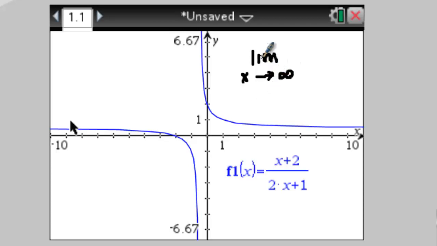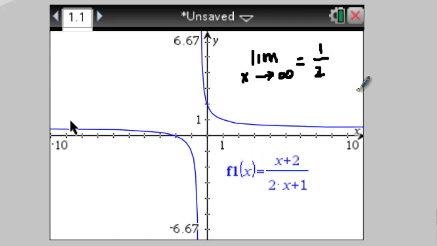So the limit, what's happening out here as the x's get larger and larger, and now over here you're going to give me what the y values are doing. In other words, as the line comes down, these y values are getting closer and closer to this asymptote, which is 1/2. So the limit as x approaches positive infinity, as the x values are getting larger and larger, the y values are getting closer and closer to 1/2, the asymptote that we figured out earlier.